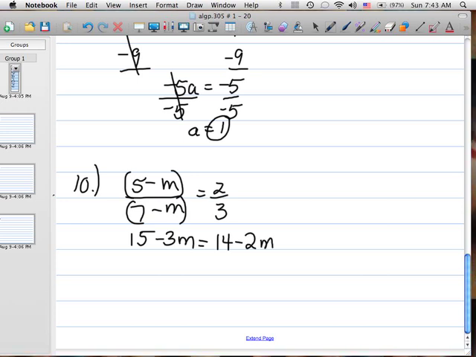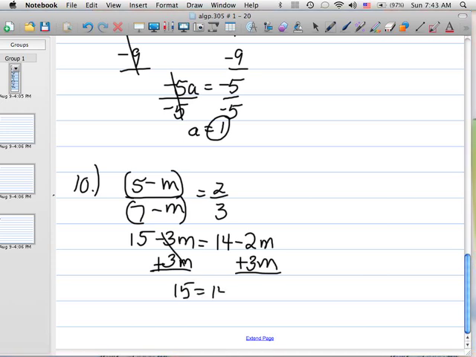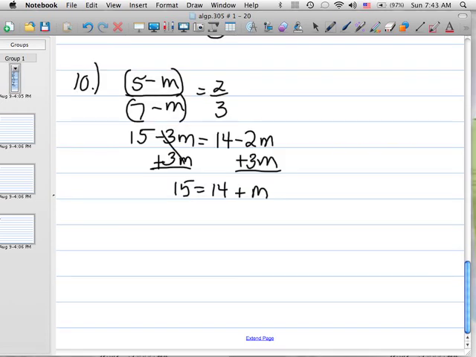Getting the variable on one side, keeping things positive, I would add 3m to both sides. So we get 15 equals 14 plus m. Negative 2 plus 3 is 1m. Subtract 14 from both sides to solve for m, and 1 equals m.